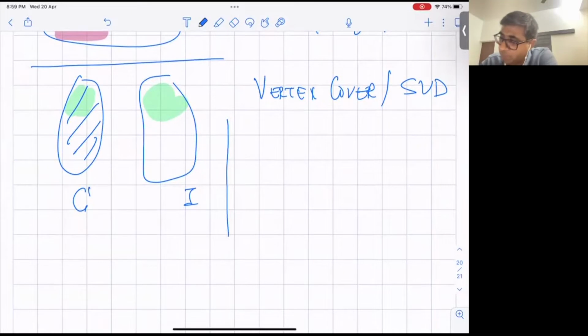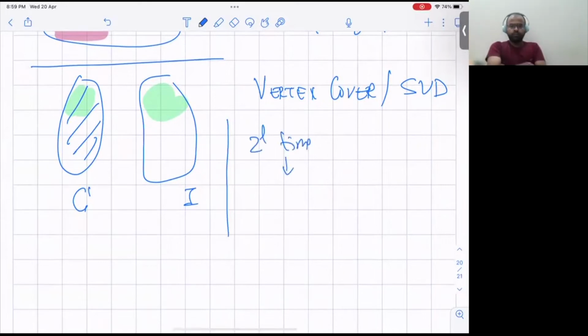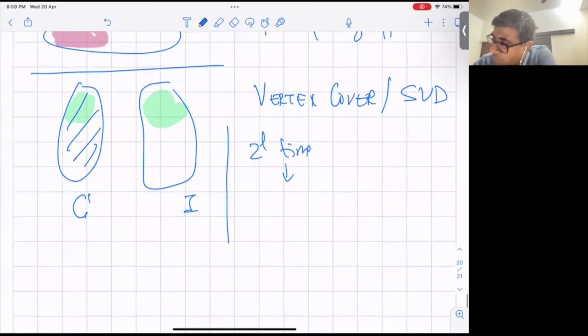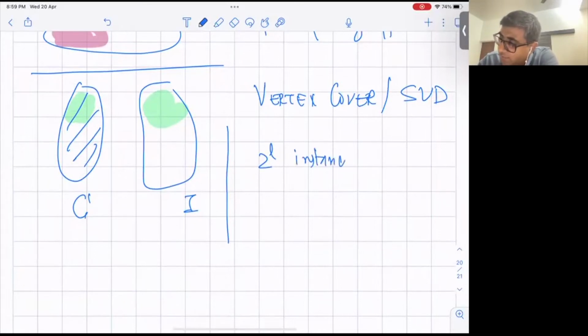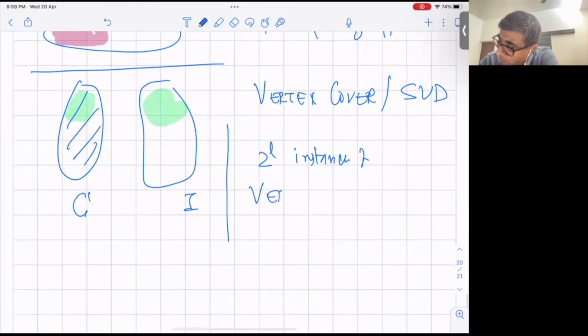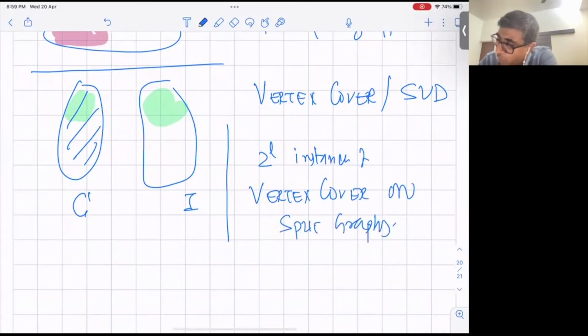So basically, in 2 power L time, we reduce our problem to 2 power L instances of vertex cover on split graphs, as we have been doing before.